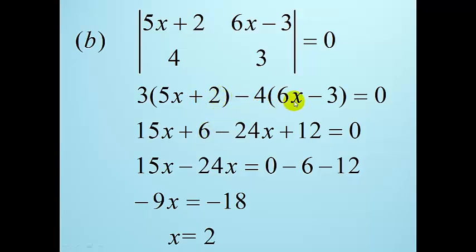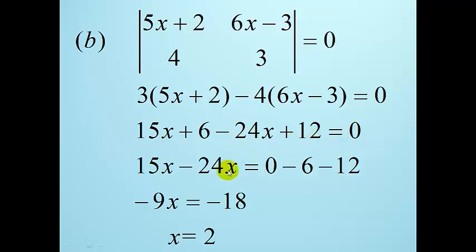Minus 4 times 6x is minus 24x. Minus 4 times minus 3 is equal to plus 12. And this is equal to 0. So we have 15x plus 6 minus 24x plus 12 is equal to 0.